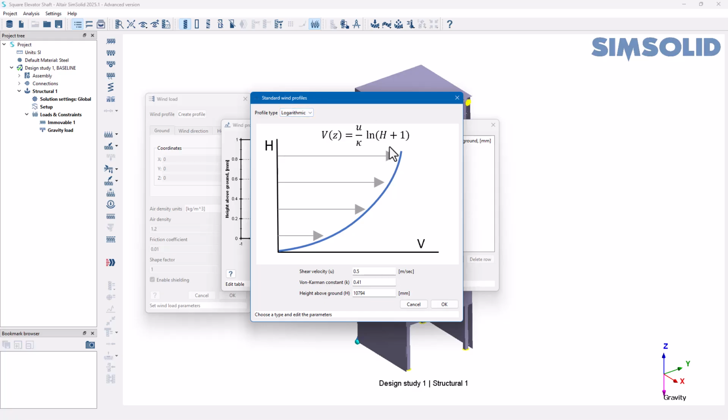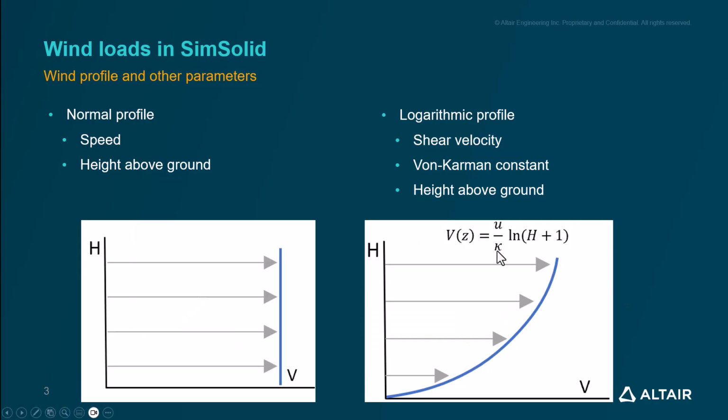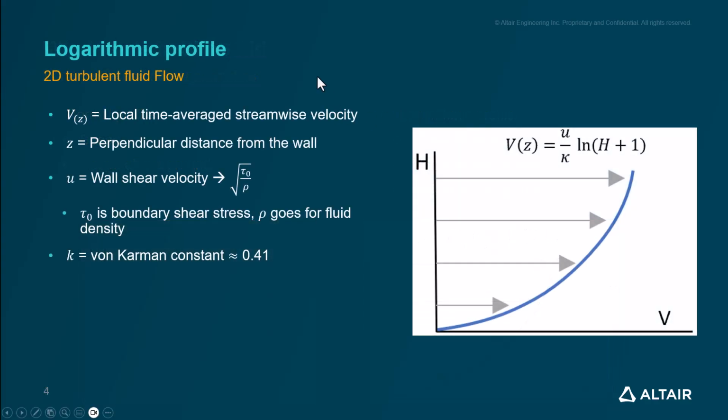Before inputting anything or continuing to look at this, I want to get back to my slides. The reason is that I want to take a moment to see a bit more about how the logarithmic profile works. The equation that's being used is mostly for 2D turbulent fluid flow. And we have a few things that we can define.